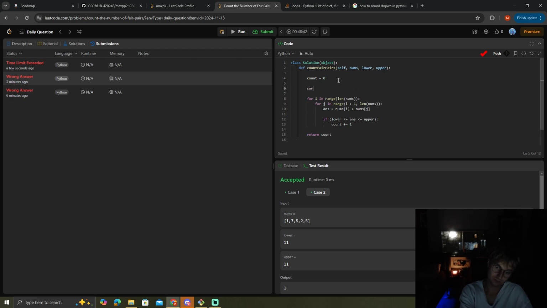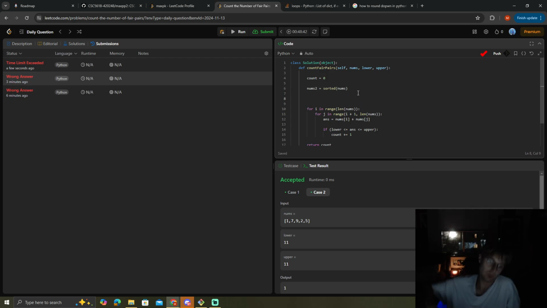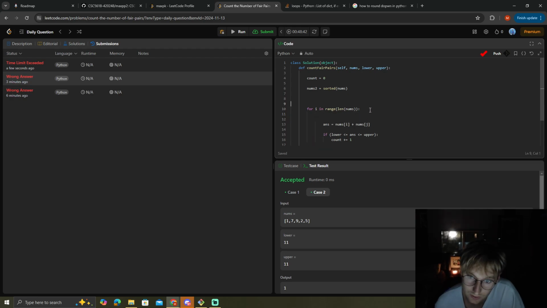Alright, well, let's do that. nums2 is equal to sorted nums. There we go, sorted. And then get rid of this double nested for loop. Keep this stuff.